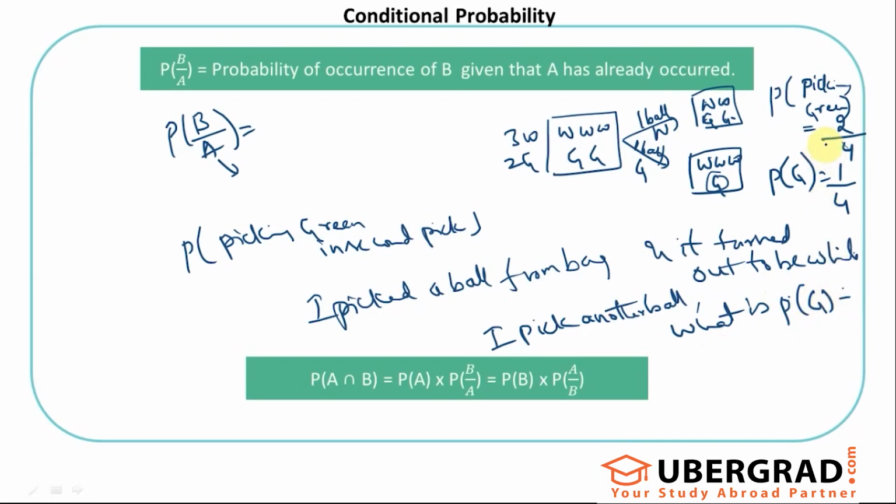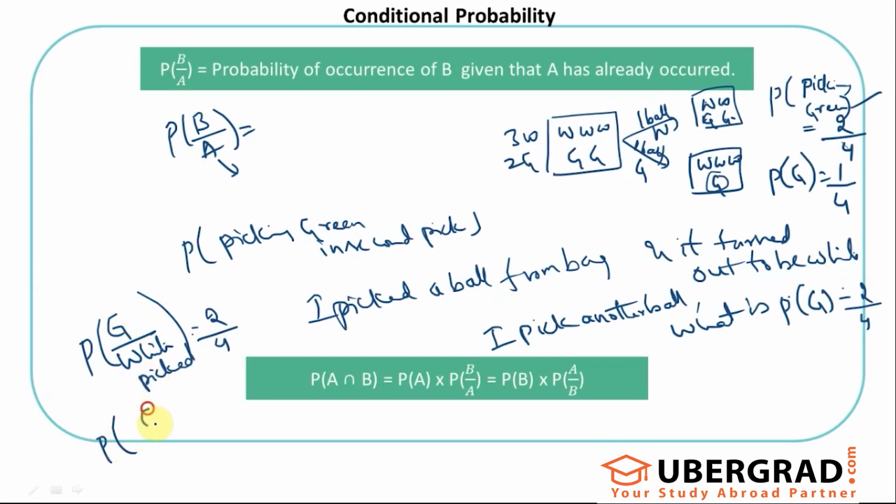The answer is 2 by 4. Why? This is a conditional probability. It is not simply asking me what is the probability of picking green from the bag. It is the probability of picking green given that white is already picked in my first. White picked. This will give me 2 by 4.